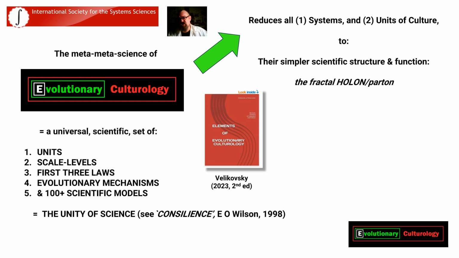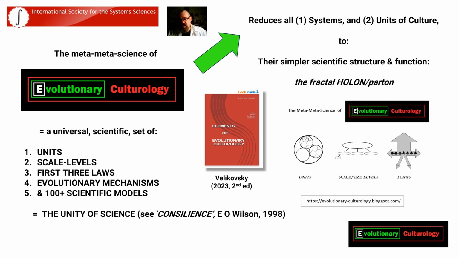And Ev Cult reduces all systems and units of culture, so letters, words, sentences, songs, movies, games, machines, languages, etc., to their simpler scientific structure and function, the fractal holon parton. And there's 3 diagrams.